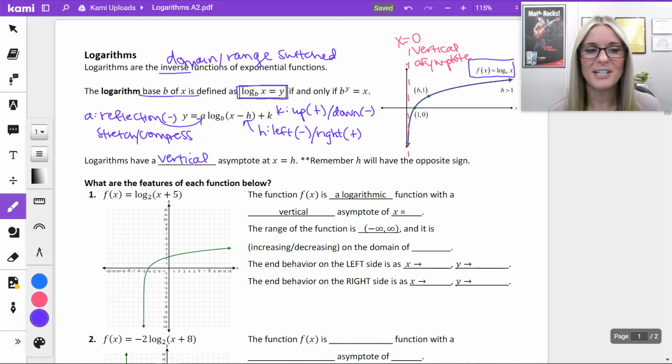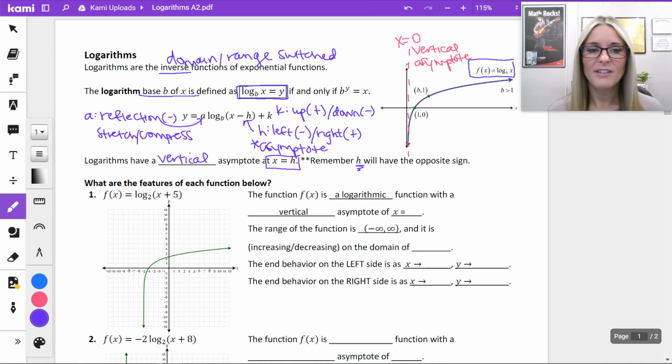Going back to our definition here, logarithms have a vertical asymptote of x equals h. So that h value just above there, where we were talking about our transformations, is going to be your asymptote value. And then don't forget, of course, h has an opposite sign. So if in the parentheses it was x minus 3, our asymptote would be at positive 3.